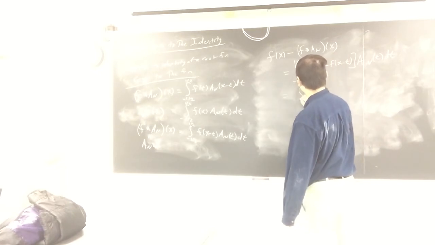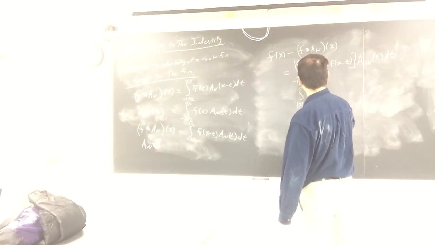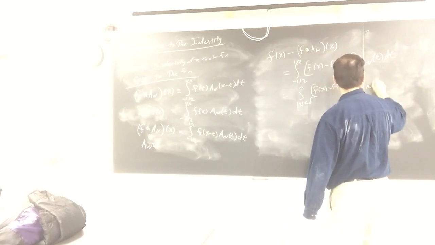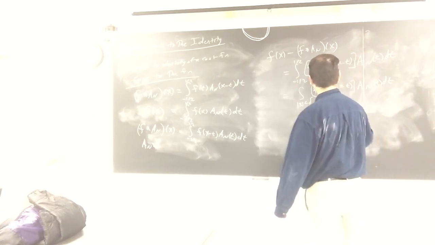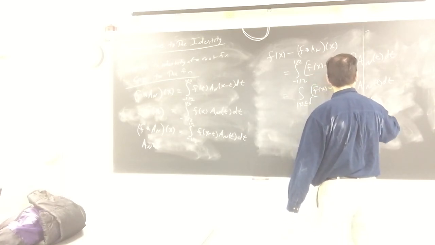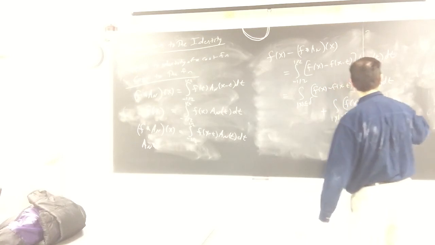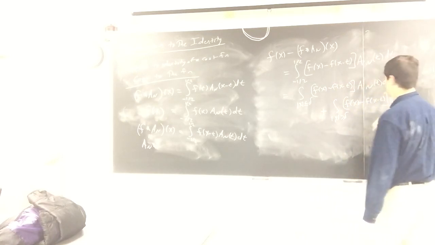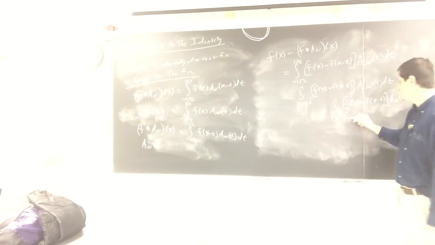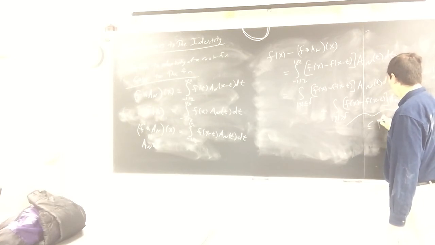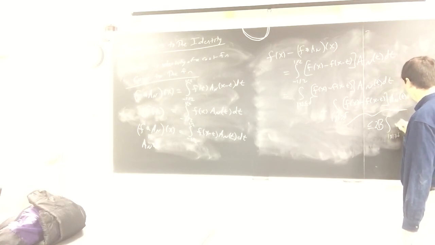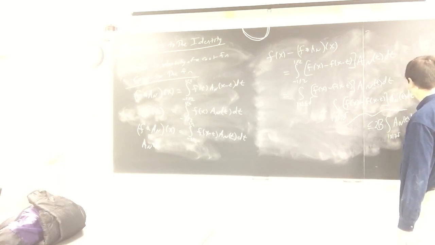So I can write this as the integral over absolute value of t less than delta of f of x minus f of x minus t, times A_N of t dt, plus the integral over t greater than or equal to delta of f of x minus f of x minus t, times A_N of t dt. For this part here, because my function is continuous, my function is bounded. So this integral will be less than or equal to maybe twice the bound on my function, times the integral over t greater than or equal to delta of A_N of t dt, but that goes to 0.